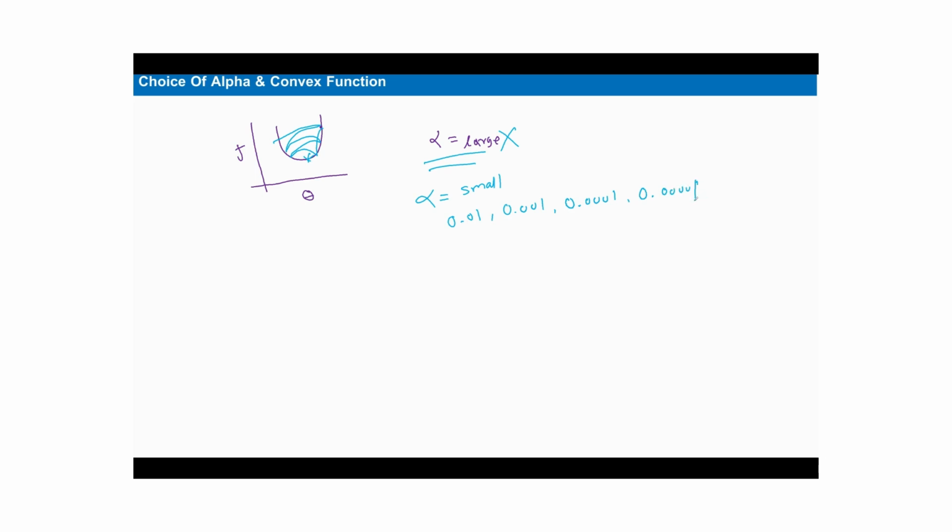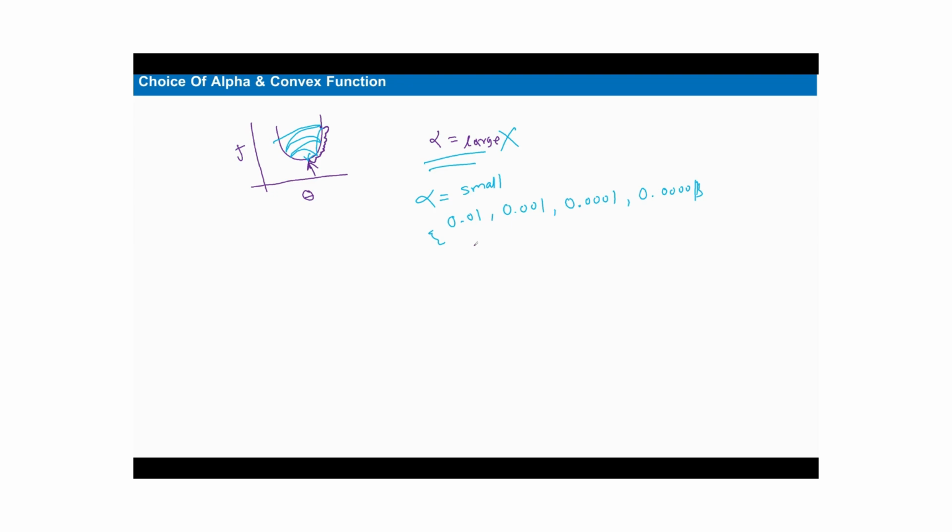This range is reasonable for alpha. Then your gradient steps will take baby steps toward the global minimum, and at some point they will reach it. That is why we need to choose small values of alpha.